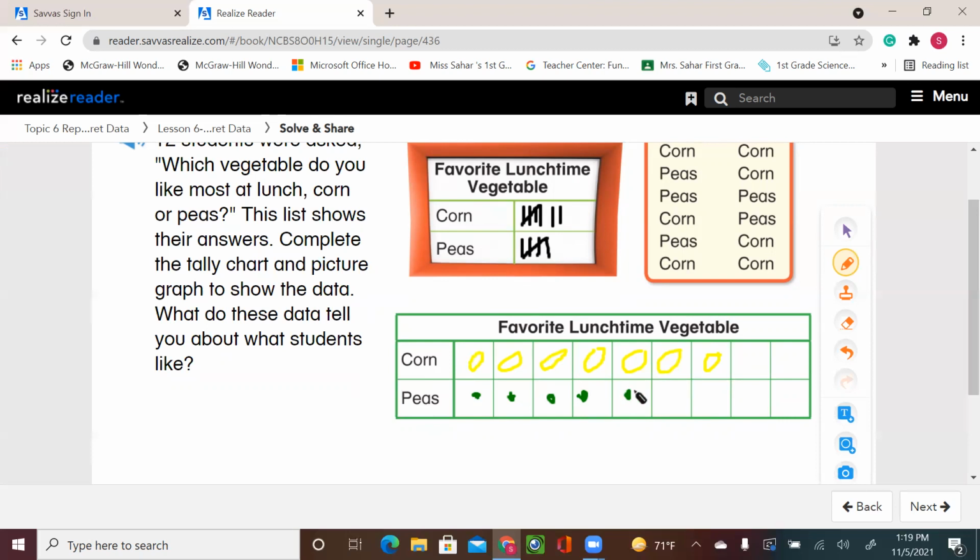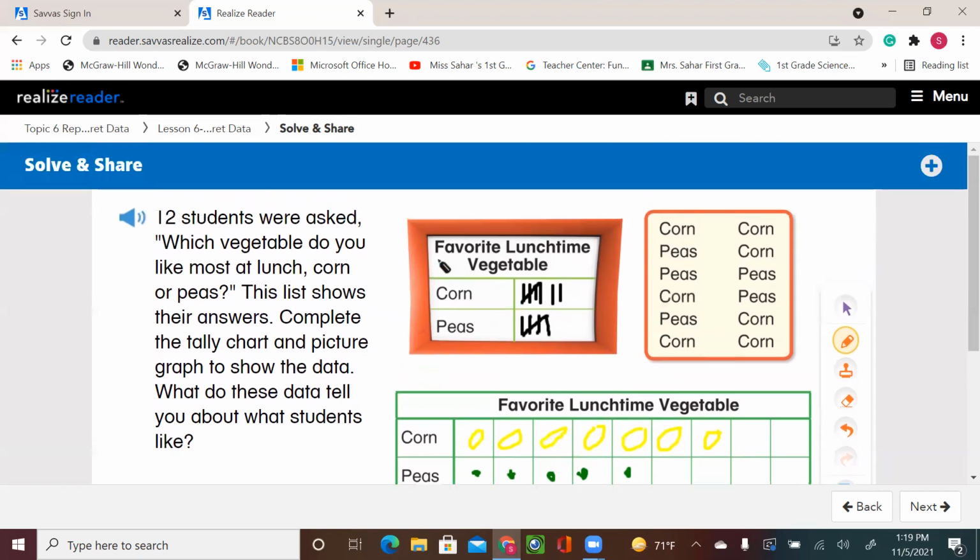All right. So that's how we put all the information. Now, if I count, I have 5, 6, 7, and 5 here. That's 12. So 7 plus 5 equals 12. And that's the 12 students that were asked which vegetable they like most at lunch.